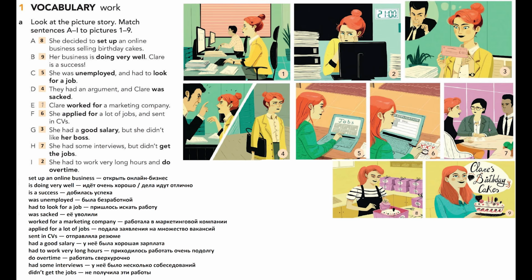D 4. They had an argument and Claire was sacked. C 5. She was unemployed and had to look for a job. F 6. She applied for a lot of jobs and sent in CVs.